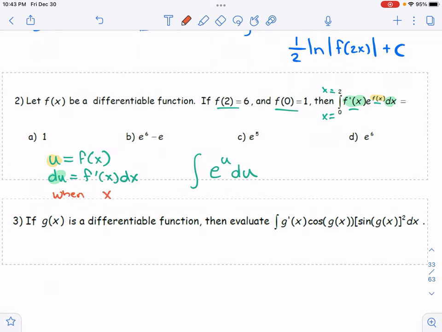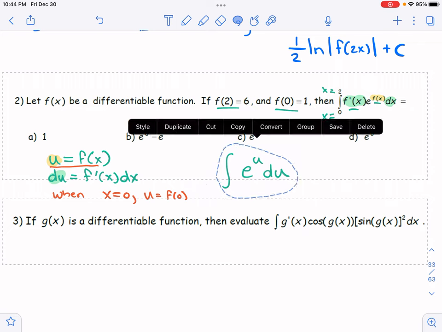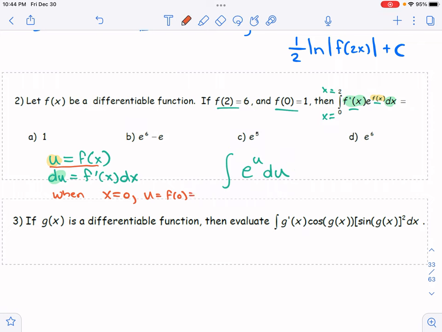When x equals 0, if you look at the relationship above, u equals f of 0, but they conveniently told us what f of 0 is. f of 0 is 1. So now I know that I should replace the 0 with a 1 here.